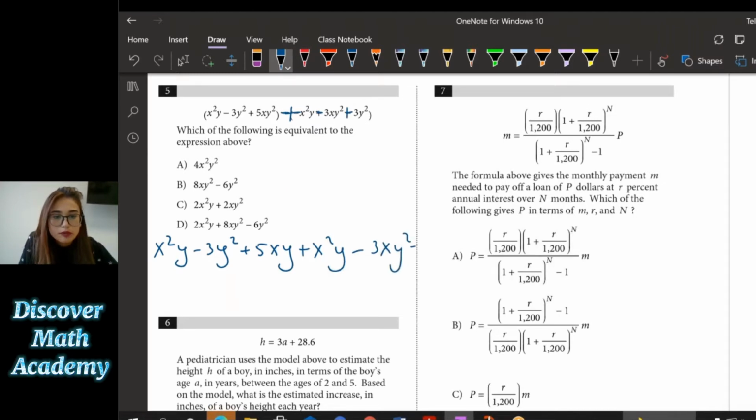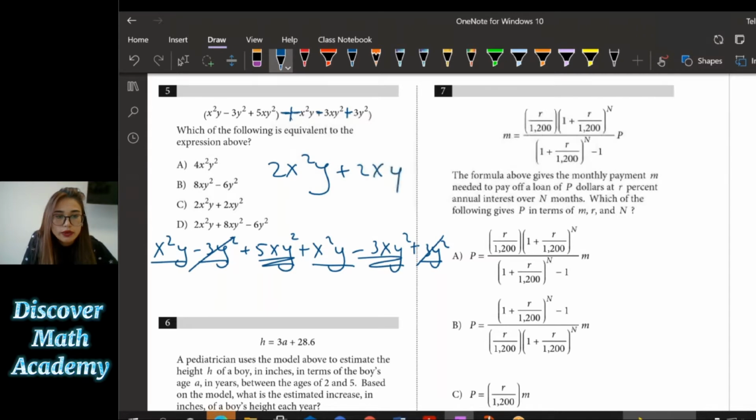It will be plus 3y squared. So x squared y, 2x squared y, negative 3y squared, plus 3y squared, I will eliminate them. 5xy squared, minus 3xy squared plus 2xy squared. The answer is going to be C.